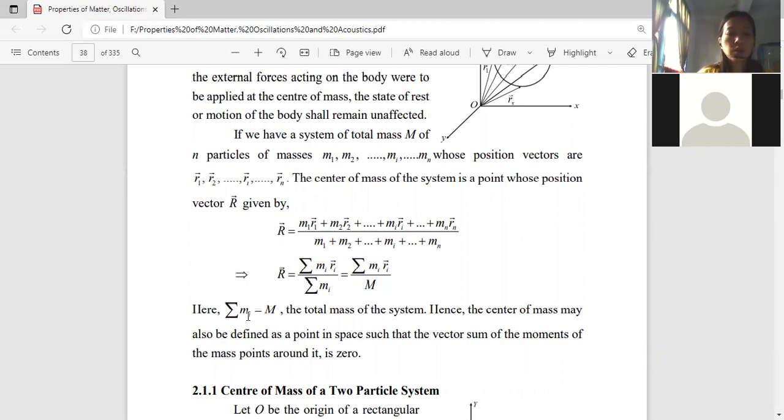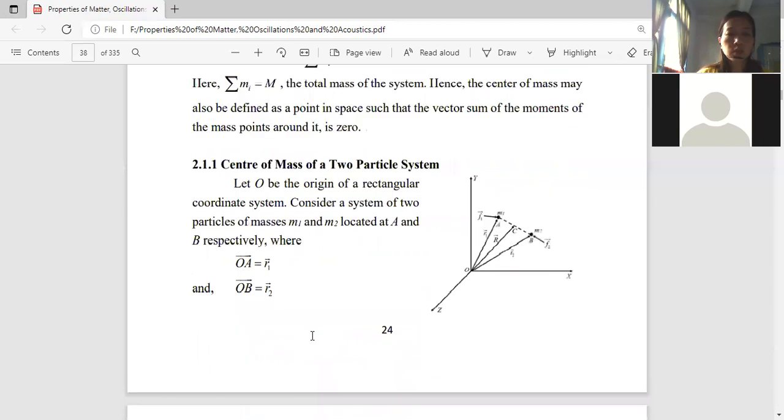Here the summation of Mi is equal to M, which indicates it is the total mass of the system. If you happen to see a minus sign in your book, just correct it as equal.